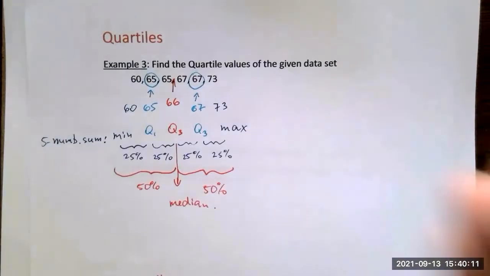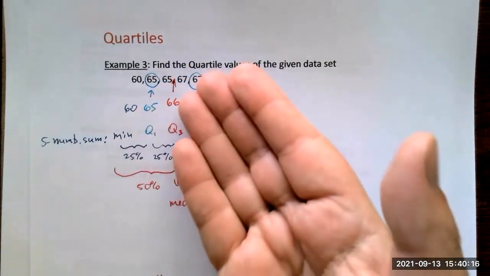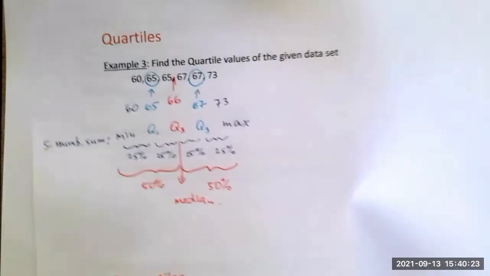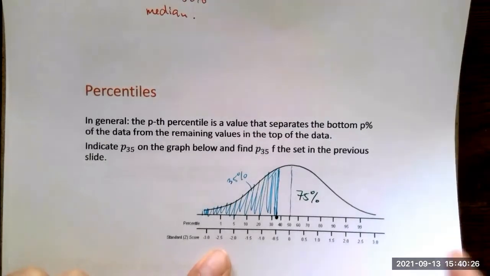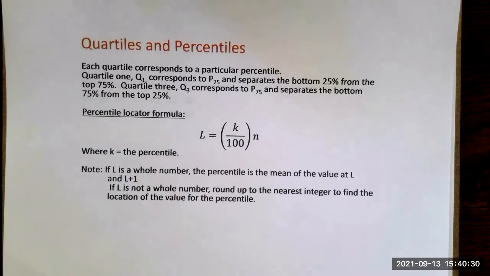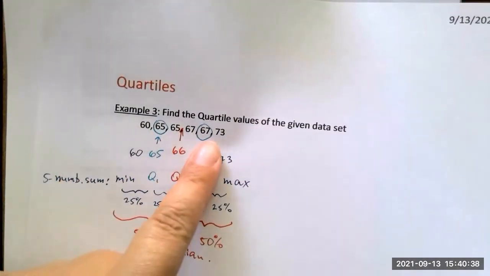Now, how do we find that exact data piece or data point? Like in the case of the previous example, we had exact data values like 66, 65, 67, that would separate our percentiles or quartiles. Now with percentiles, we could find those data values as well. And here's the process. First we want to arrange our data values from smallest to largest, just like in this case.